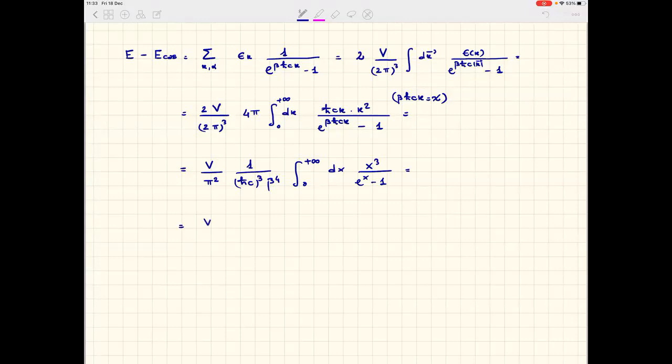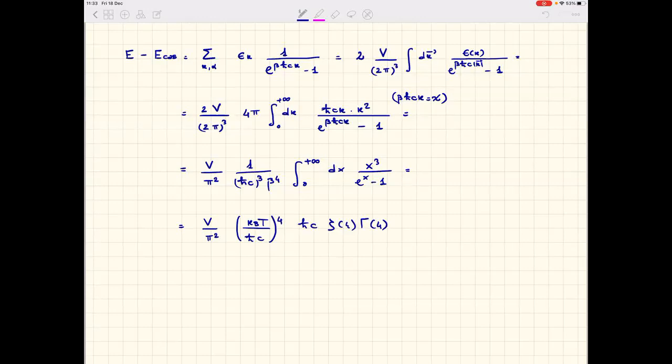So it gives V over pi squared, and then k_B T over h bar c to the power 4 times h bar c times zeta(4) gamma(4).